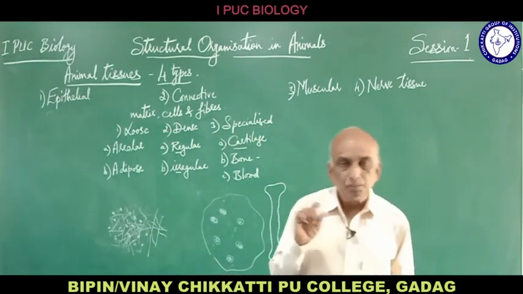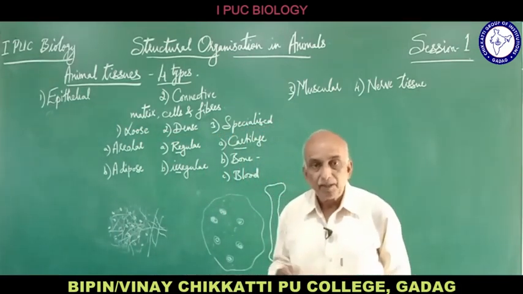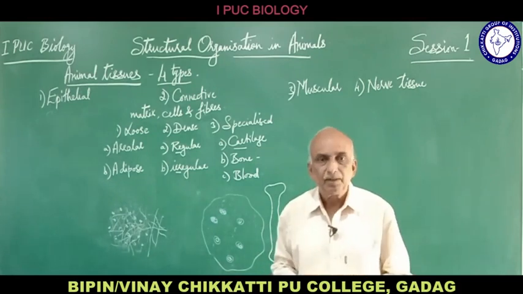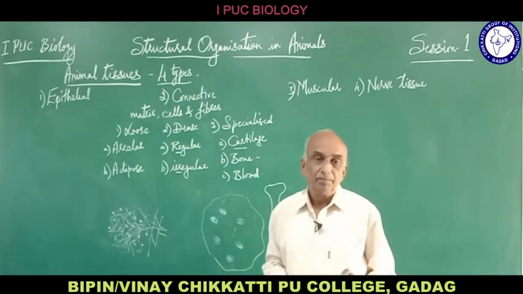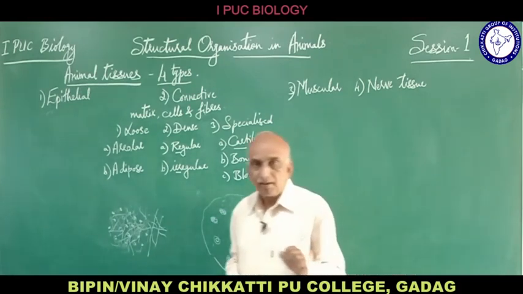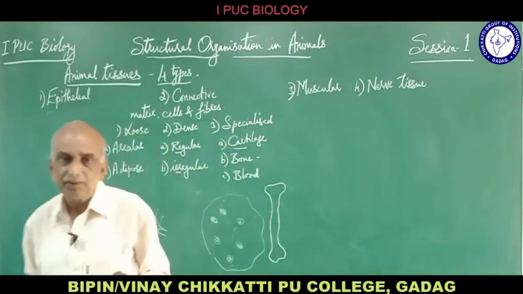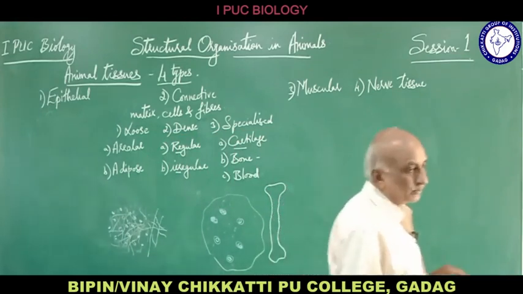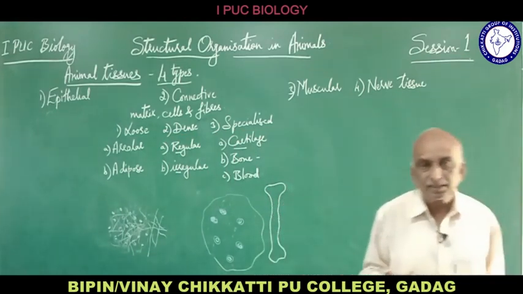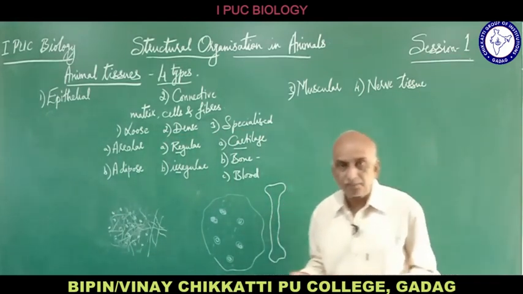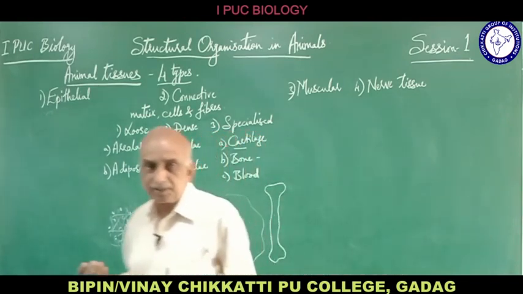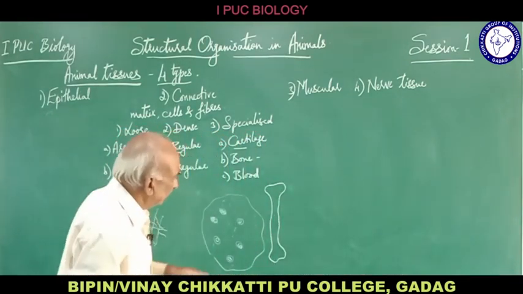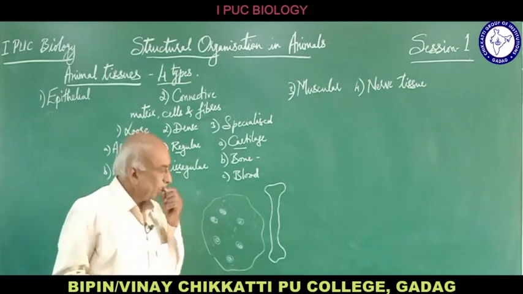So the bone is also a tissue. Epithelial tissue is a tissue, connective tissue is a tissue. But bone is hard and appears to be non-living because of the deposition of the calcium compounds.